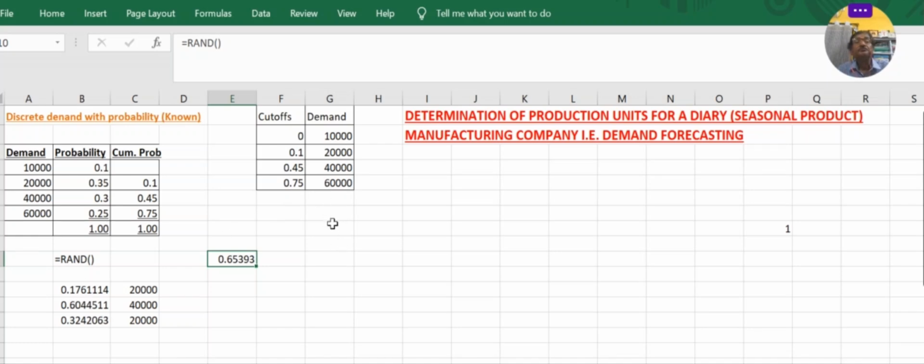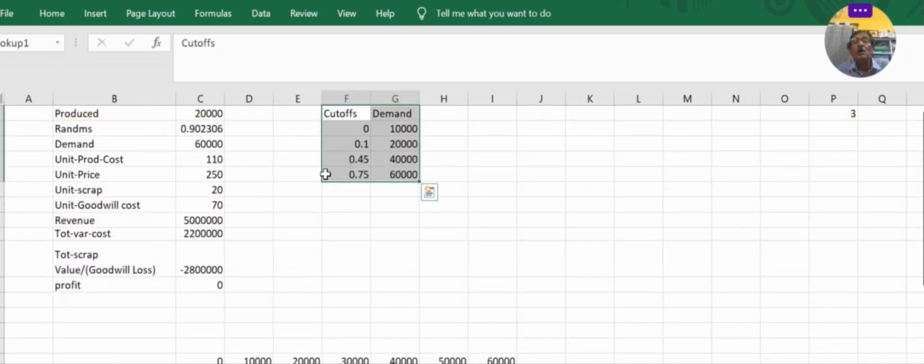How will it be attached? You see, this range of data is attached with a name variable. In this case, it is called lookup 1. Lookup 1 is a name variable which represents this data range, and it will be used for finding out the demand amount.